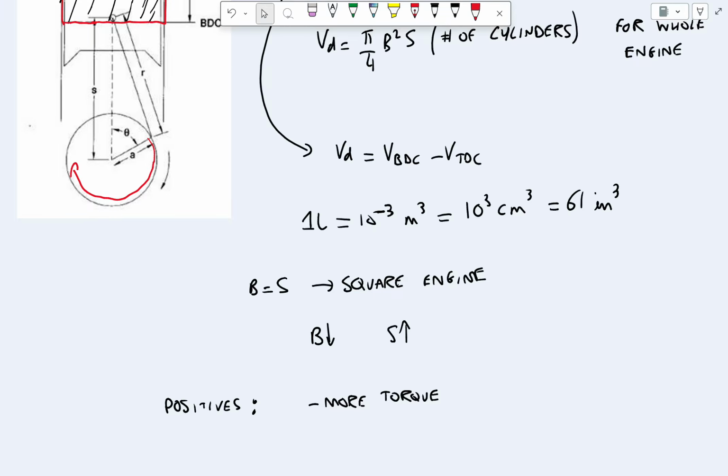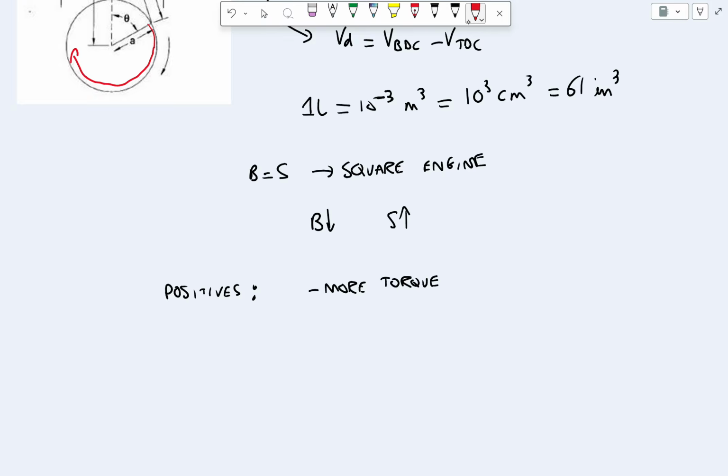The other thing that can happen is our thermal efficiency would increase. Okay, and I'll draw it as the thermal efficiency goes up.